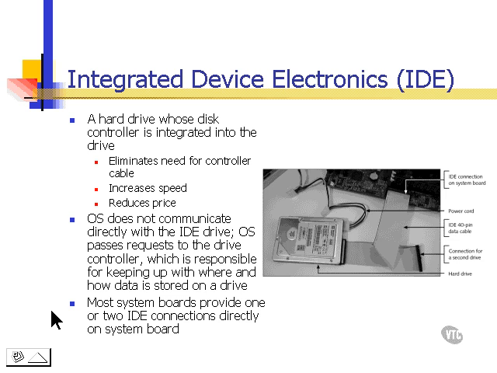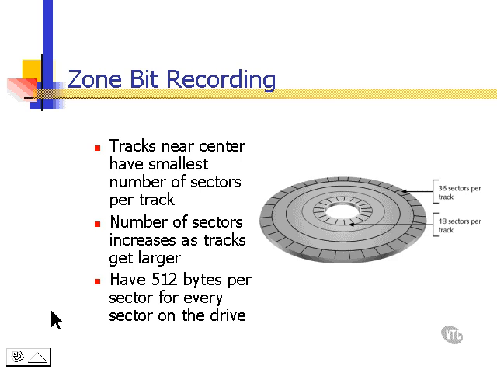As we discussed with floppy drives, as we move towards the center of a disk, the tracks get smaller and smaller. One way that we compensate for that in hard drives is zone bit recording.